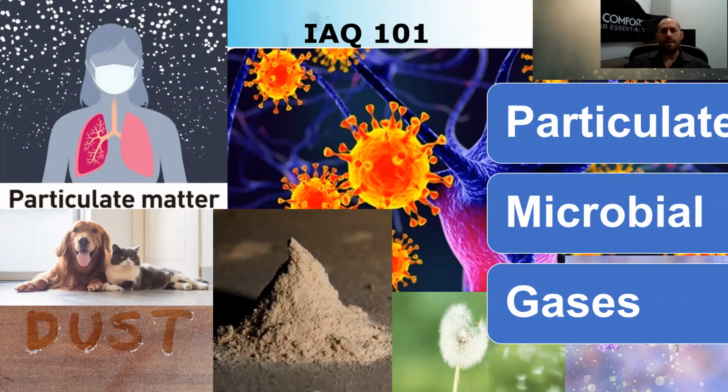There are three different types of IAQ problems: particulates, microbials, and gases. Now, this is important, and I always start with it because if you can figure out what type of problem you're dealing with, you can then offer a solution.